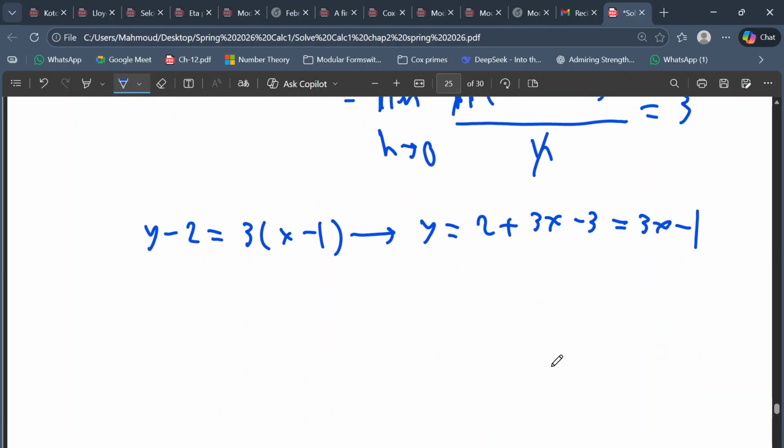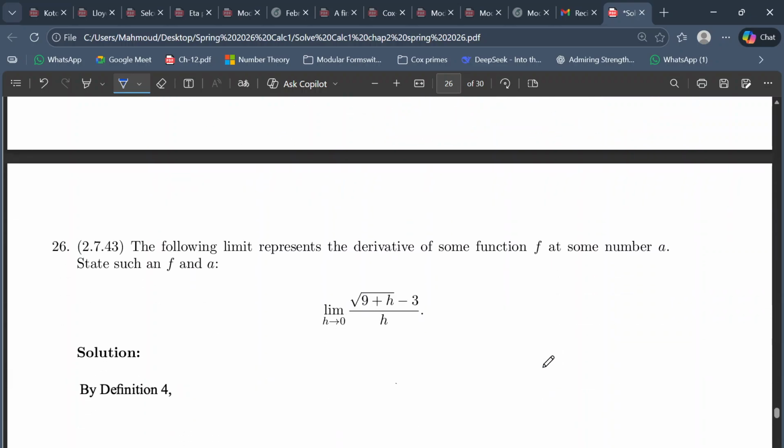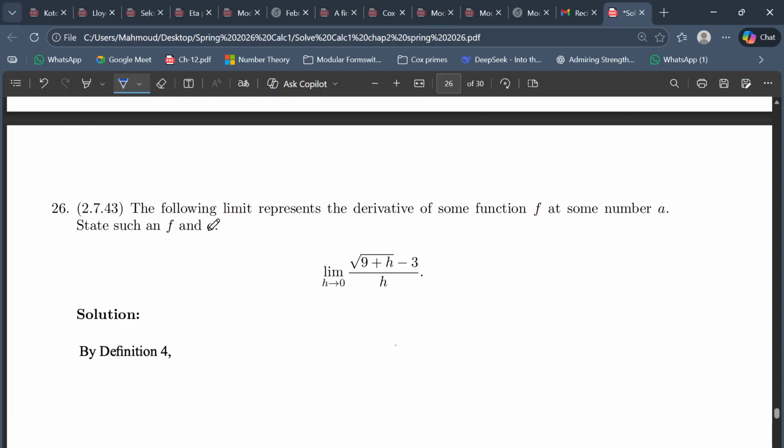Who wants to solve the next problem? What do you think? Do you want to take the next problem? The following limit represents the derivative of some function f at some number a. State such an f and a.